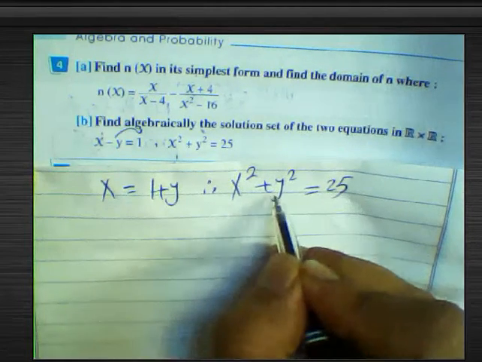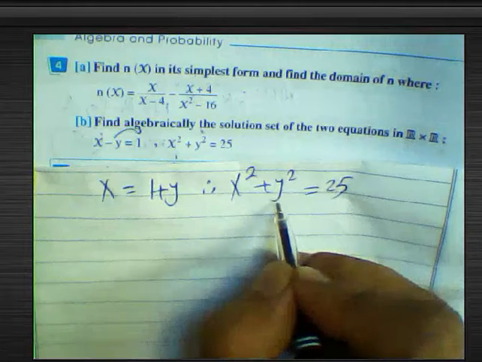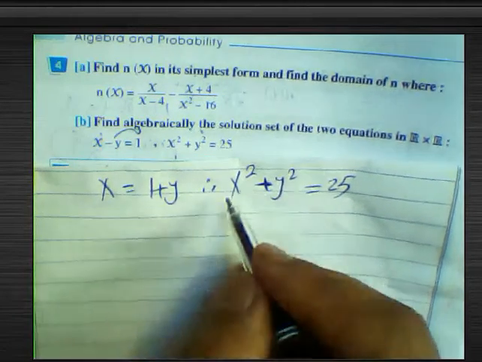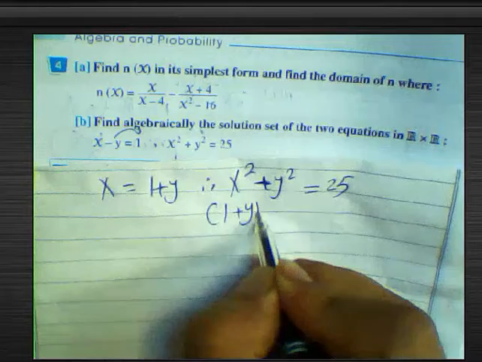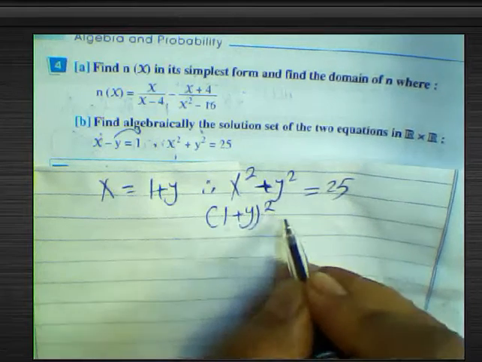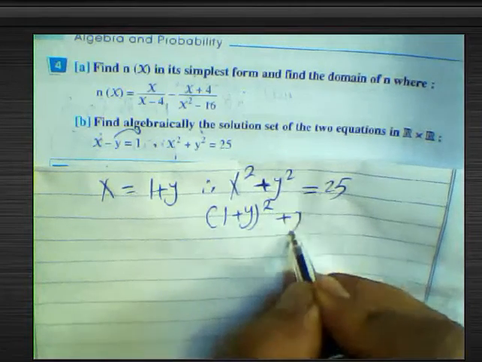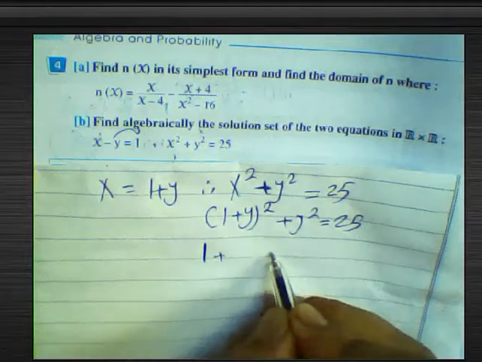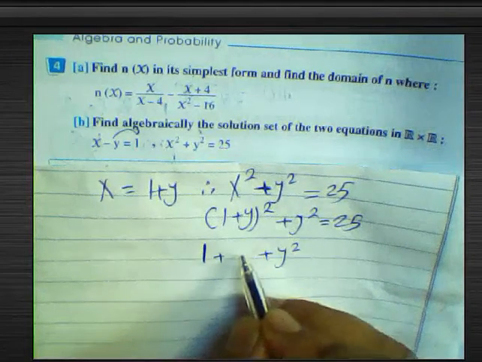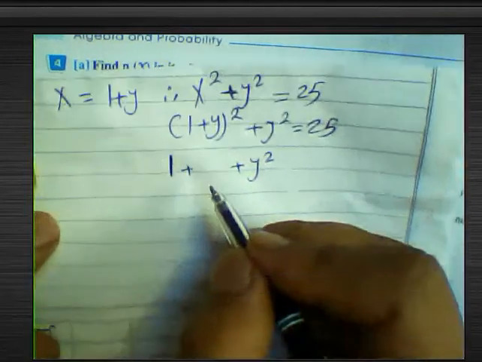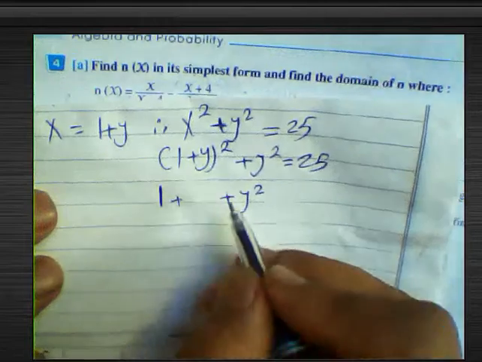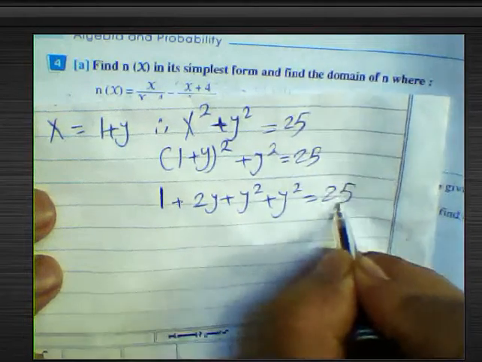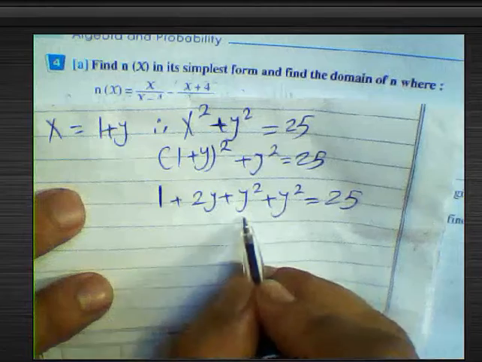We substitute 1 plus y for x, so we write (1 plus y) power 2 plus y power 2 equals 25. The middle term is 2 times y times 1, which is 2y, so 1 plus 2y plus y power 2 plus y power 2 equals 25.